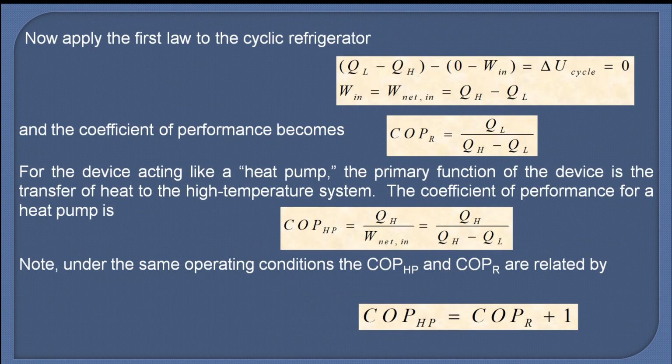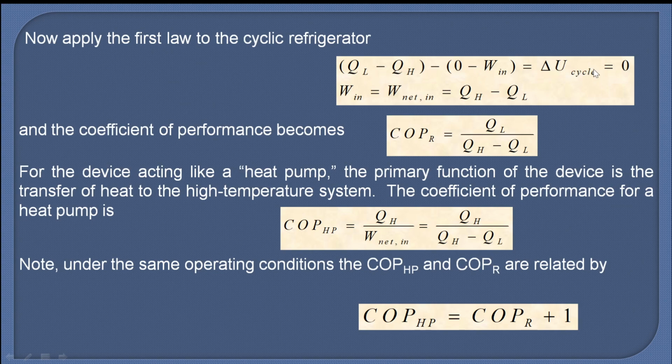Now, in order to understand the relation of COP between refrigerator and heat pump, we are applying the first law of thermodynamics to the cyclic refrigerator, that is the net heat transfer is equal to net work transfer. So QL minus QH minus W in is equal to change in internal energy.